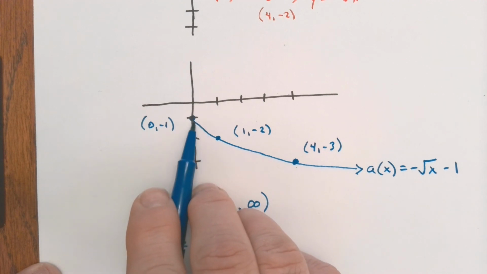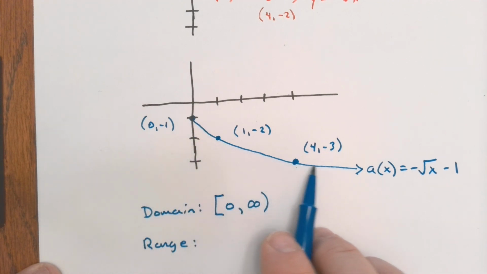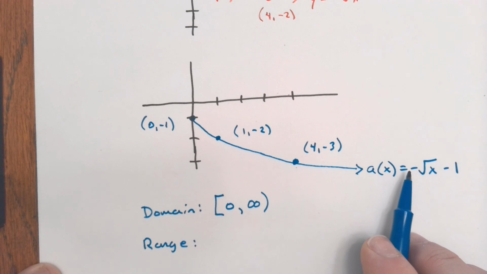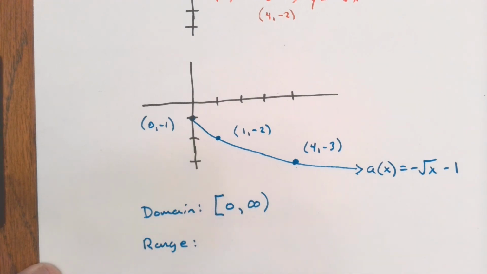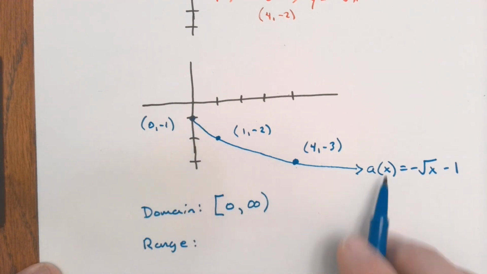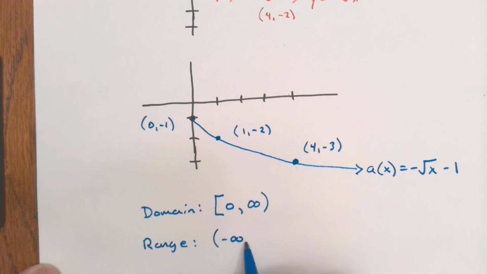It continues going to the right and down, to the right and down, to the right and down. When we do our interval notation, I do want to include the lowest number before the comma and the largest number after. So the lowest number actually would be negative infinity in this case, and it goes up to a height of negative 1.